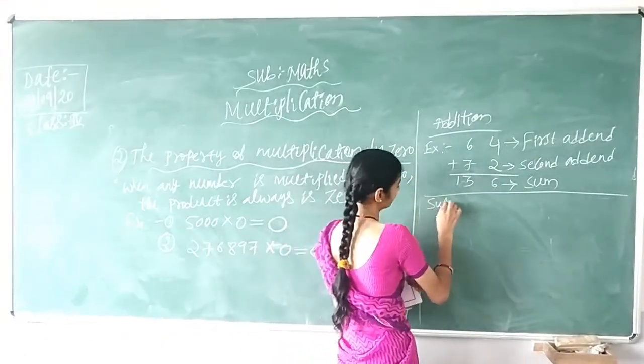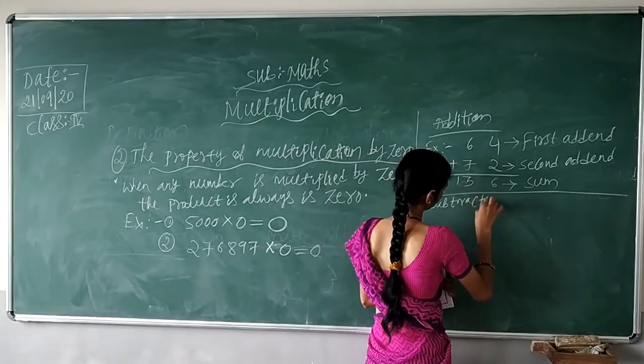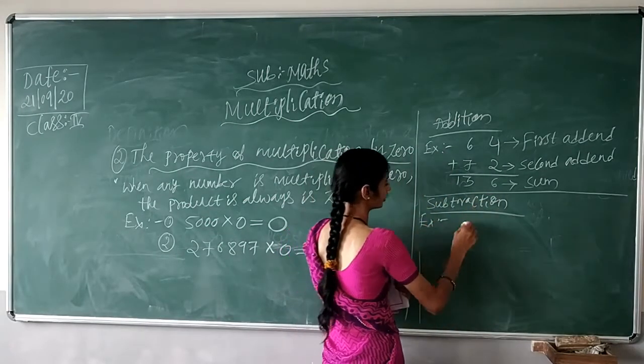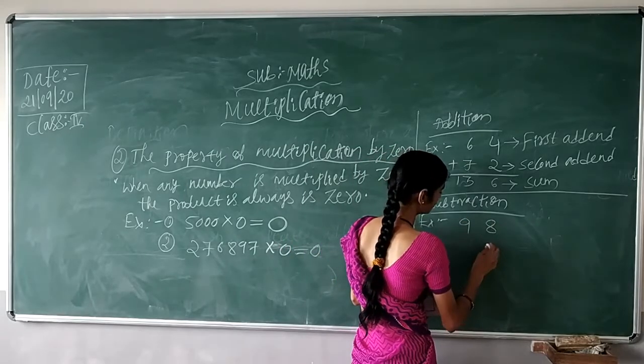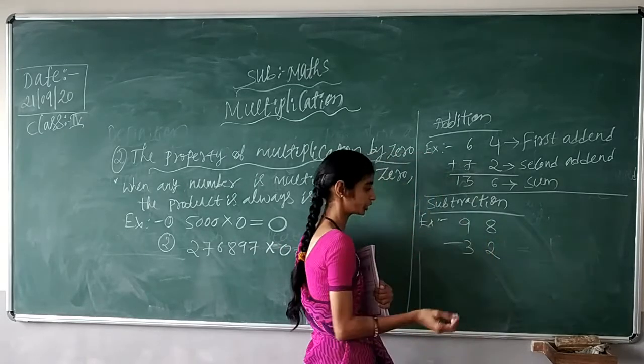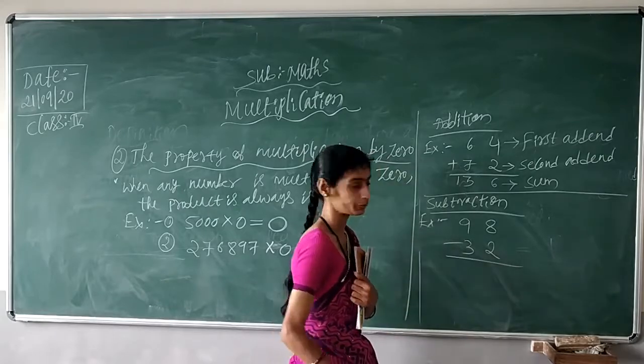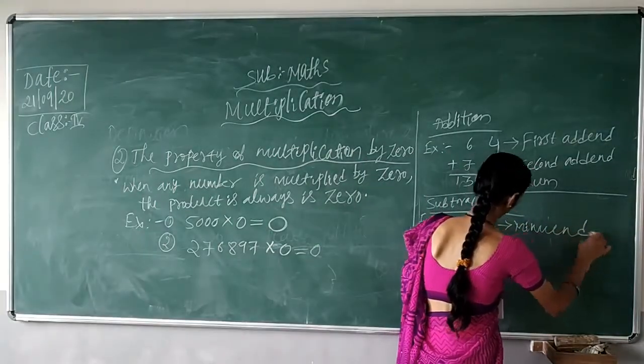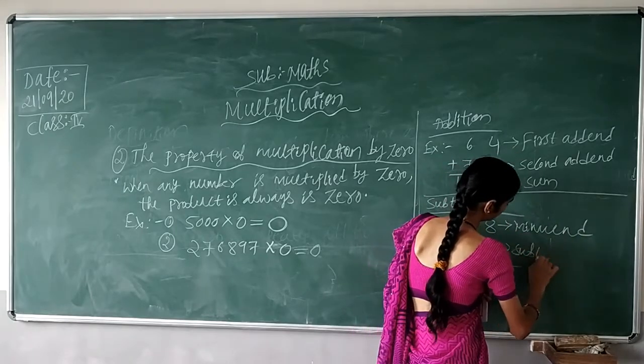Next, subtraction. You can take any number, like 98 minus 32. What is the first term called, children? Minuend. Then subtrahend.